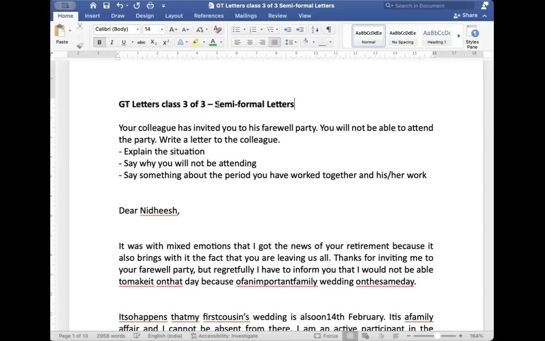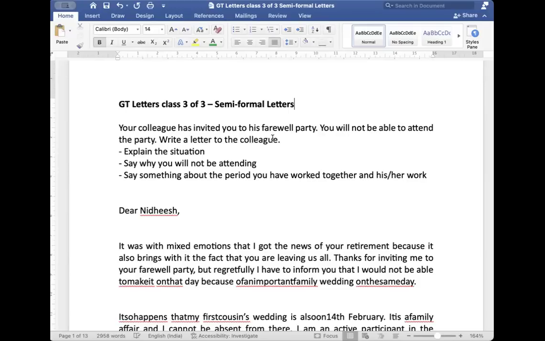As the name suggests, these are neither formal nor informal. So there is some formal element, some informal element. For example, an informal letter is to a friend or to a family member.